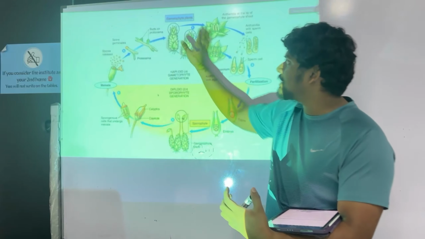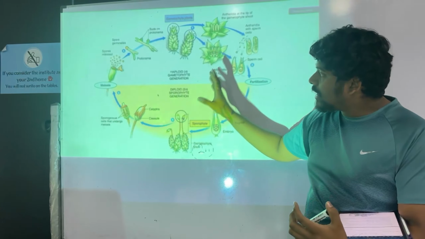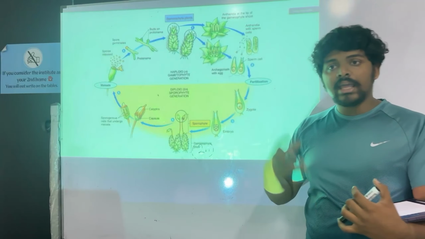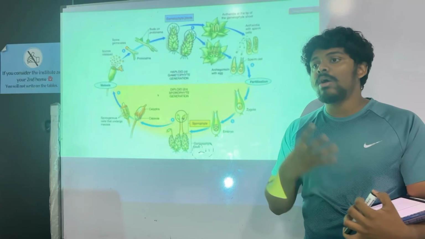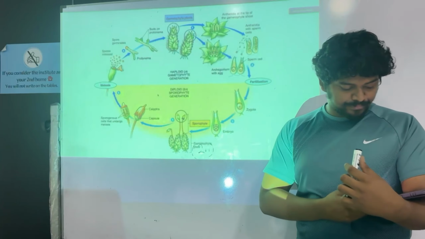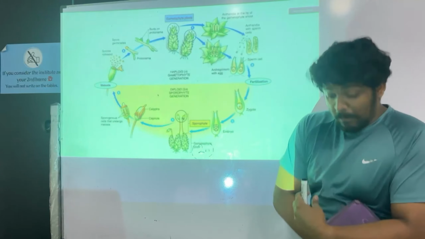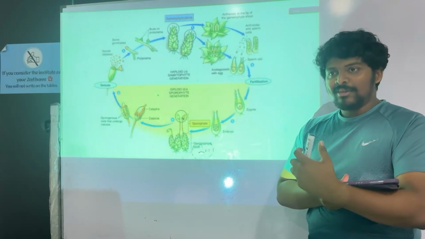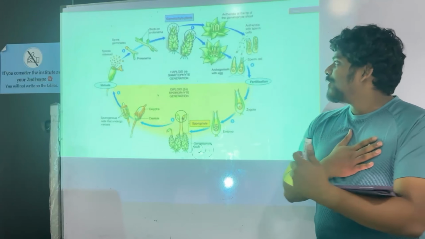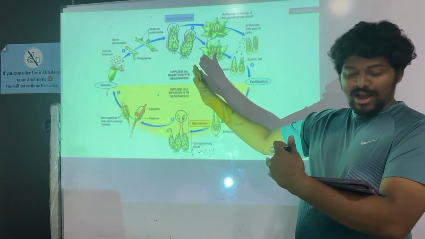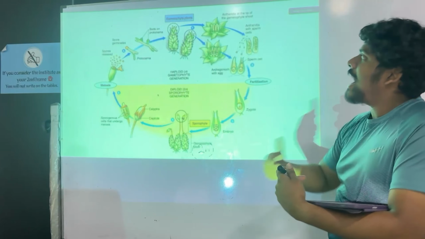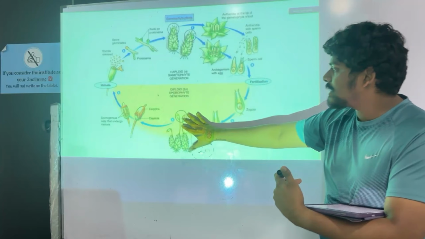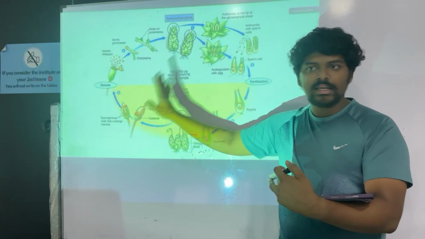That is why it's called dominant. Dominant and photosynthetic. They are capable of producing their own food. Okay? Right. Dominant plant, larger and longer living than the sporophyte. This is the sporophyte. Is that clear?